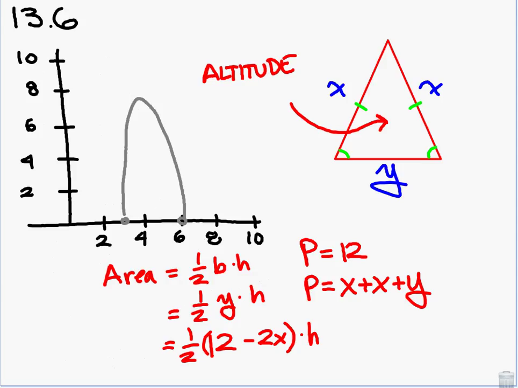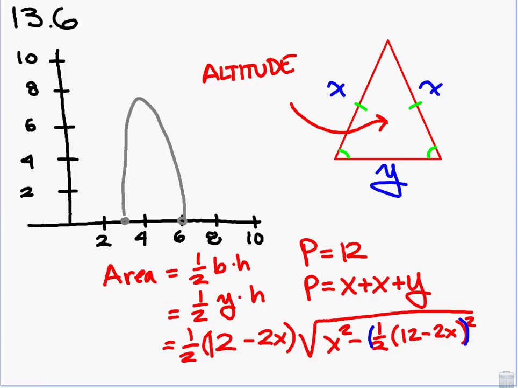Okay, now I'm going to go back to my area formula, and I'm going to substitute in my h. So now I have 1/2 the base times the height, and here's an expression for the area in terms of x.